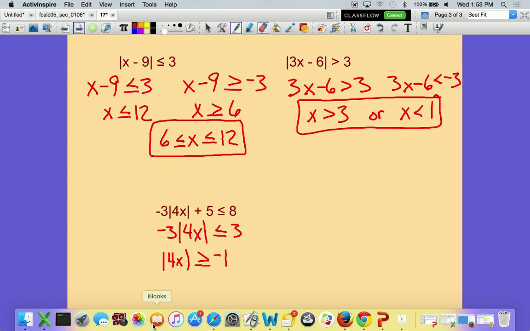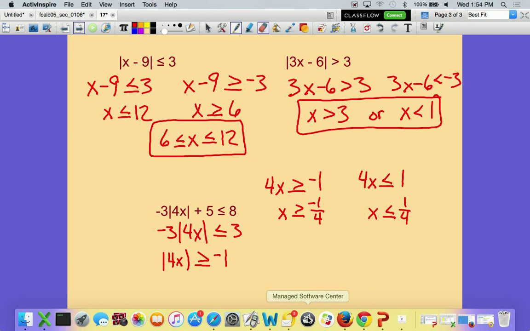Switch the sign. Now we're ready to split them. 4x greater than or equal to negative 1. 4x less than or equal to positive 1. Alright, divide by 4. X greater than or equal to negative 1/4, and x less than or equal to positive 1/4.